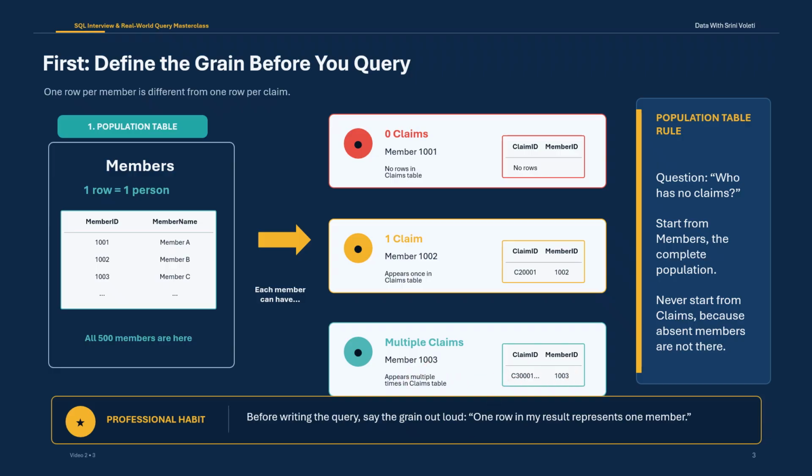Now apply that population rule, and the question is who has no claims? Start from members, because that's where everyone exists. Never start from claims for this question, because members with no claims are absent from that table. The professional habit is to say the grain out loud. One row in my result represents one member.